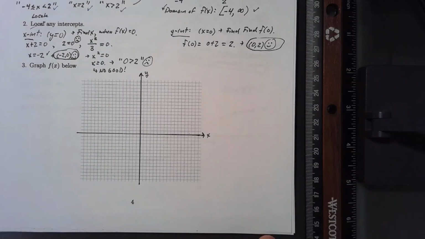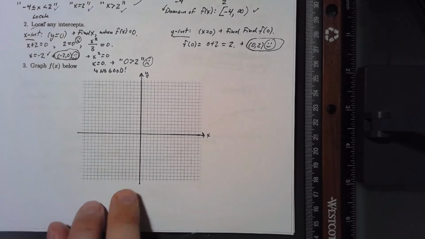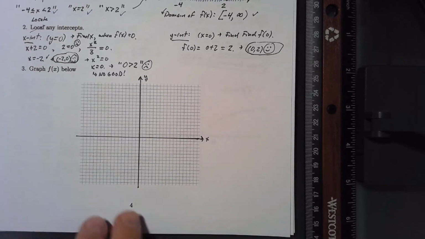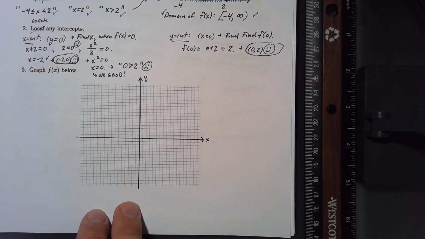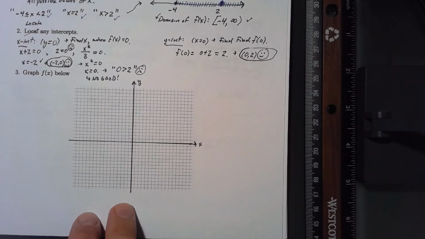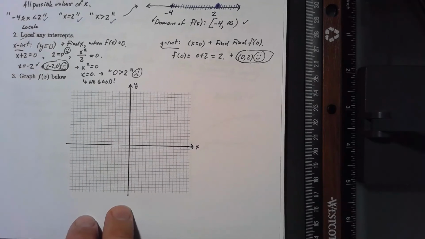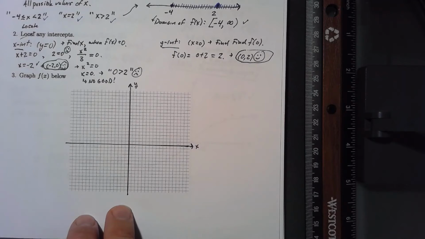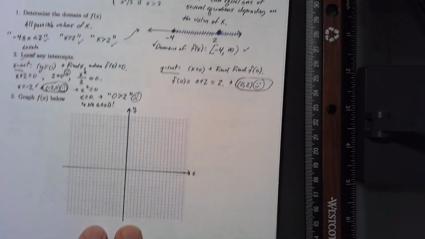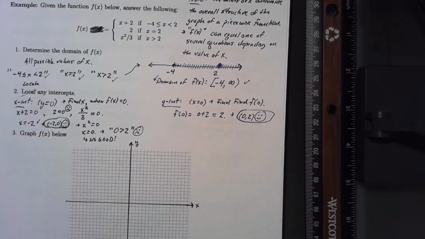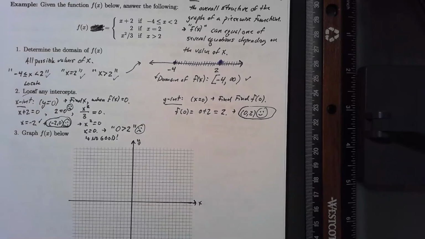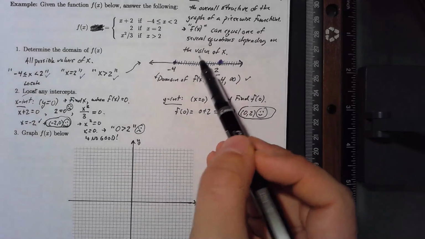I want to graph them based upon their values of x. When it comes to graphing a piecewise function, it can be a little different than what you're used to, but it's really not that bad. All you have to remember is that f of x can equal one of several equations depending on the values of x.